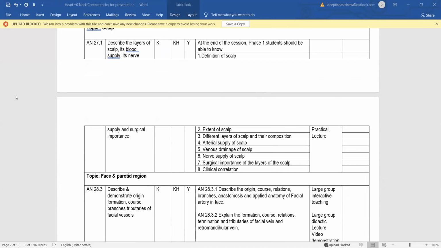At the end of the session, phase 1 students should be able to know the following SLOs: definition of scalp, the extent of the scalp, different layers of scalp and their composition, arterial supply of the scalp, venous drainage of the scalp, nerve supply of scalp, surgical importance of different layers of the scalp, and the clinical correlation. Teaching methods are both the didactic lecture as well as small group discussion in the practical, in the dissection.